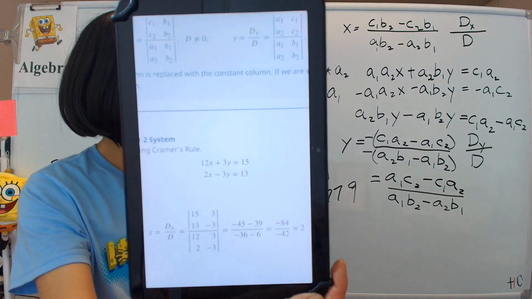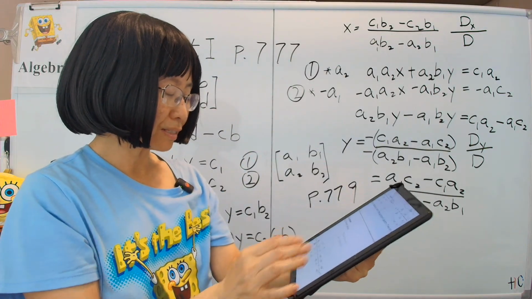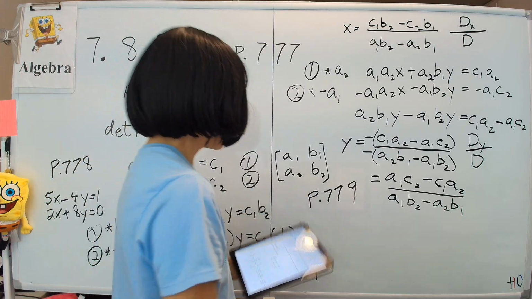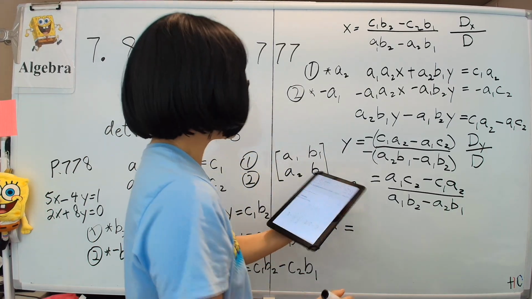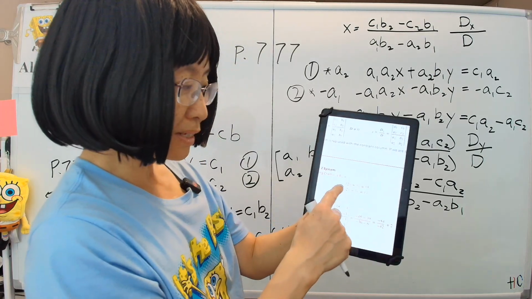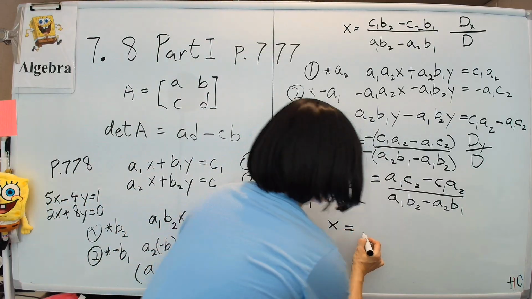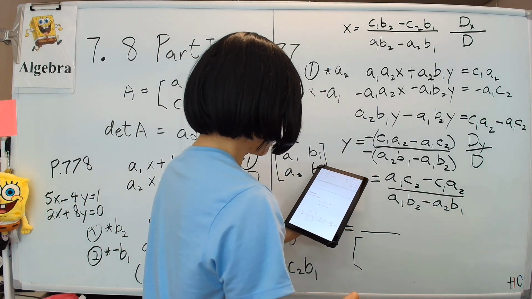So we have a fairly simple problem, and let's do exactly what it says. So what's x? X will be equal to the determinant, which is just these numbers written down. That is, the determinant is 12, 3, 2, minus 3.